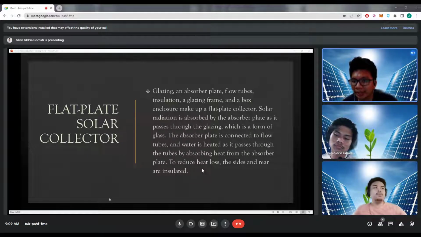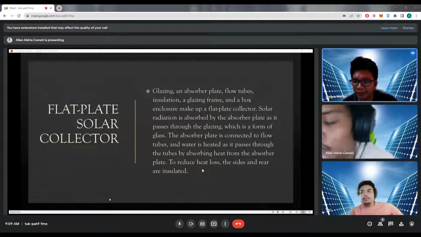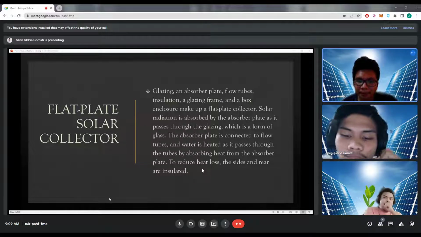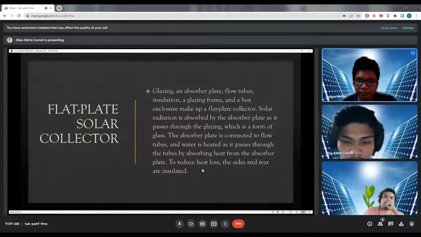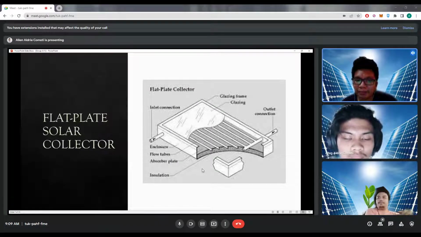The water is heated as it passes through the tube by absorbing heat from the absorber plate. To reduce heat loss, the sides and the rear are insulated. The image shows the flat plate solar collector.